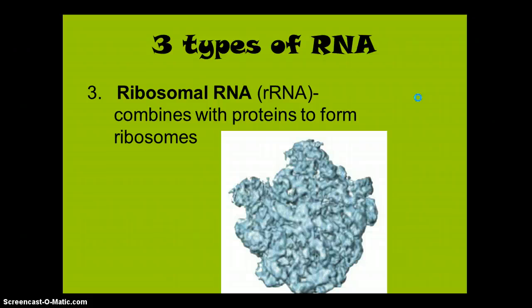So all that is just a fancy word for ribosomes. It's just RNA wrapped around proteins to form a ribosome. And this is actually going to be the site of protein synthesis. This is where protein synthesis is going to occur. Think of this like a workbench. Like if you were building a birdhouse, you would have a workbench. Well, a ribosome is going to be your workbench.